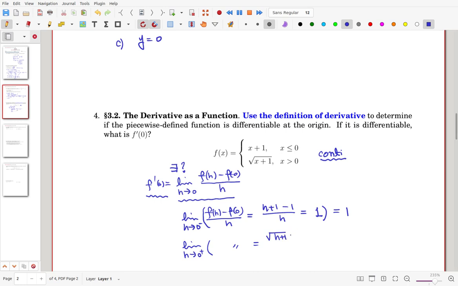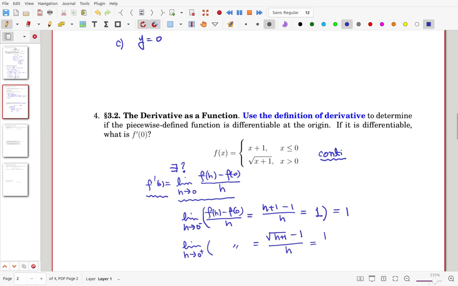Now, f of 0 is the same as 1, over h. As h approaches 0, the numerator and denominator are simultaneously approaching 0. So here, we can use rationalization. We multiply the conjugate of this top, on both sides.